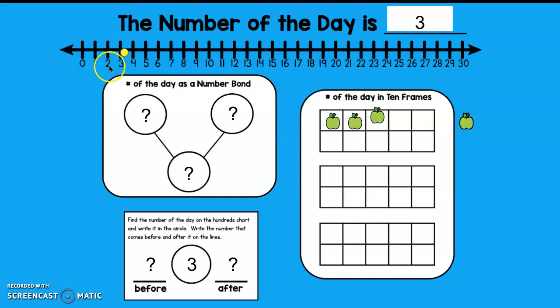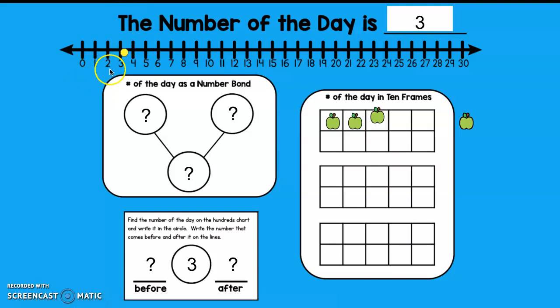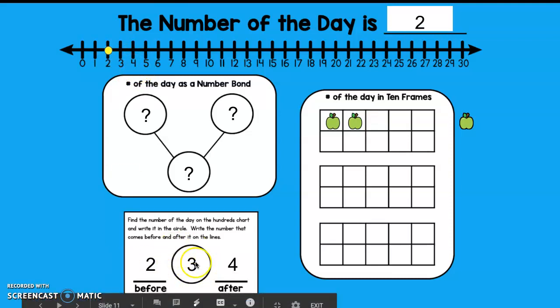Very, very good. So we would put 2 right here because it comes before. So what number comes after if we count? 0, 1, 2, 3, 4. So we have the number 3, 2 comes before, and 4 goes after.